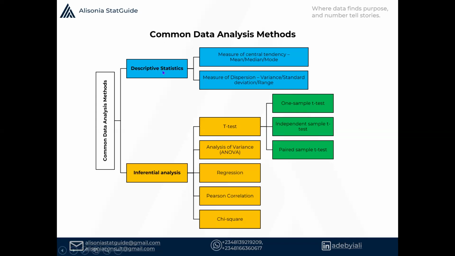We have descriptive statistics, just like I mentioned yesterday, with measures of central tendency: mean, median, and mode. Then measures of dispersion: variance, standard deviation, range, interquartile range, semi-quartile range, and so on. And the most commonly used one, inferential analysis: t-test, which is divided into three: one sample t-test, independent sample t-test, paired sample t-test.